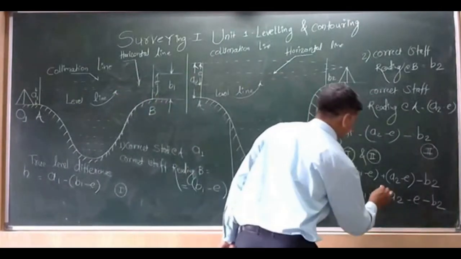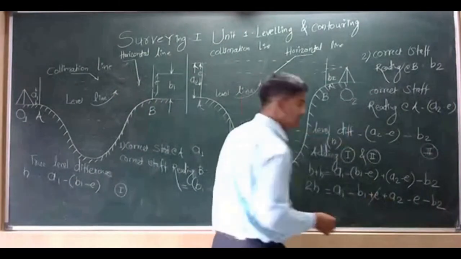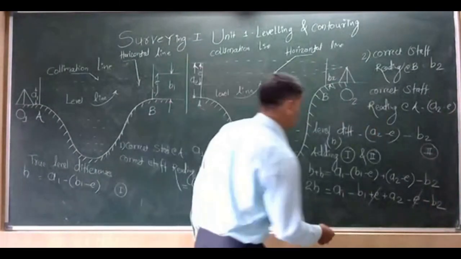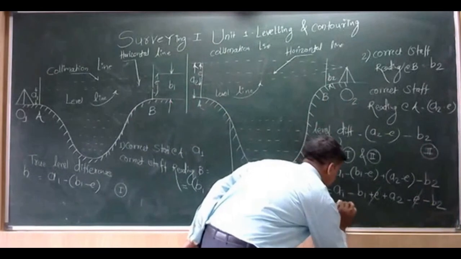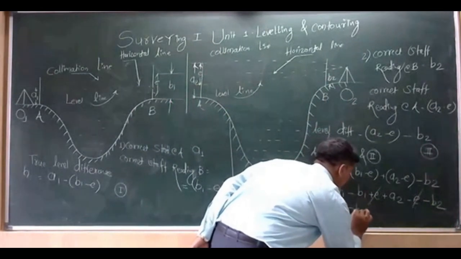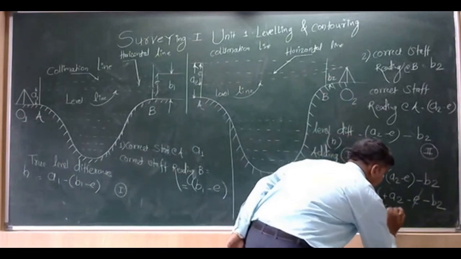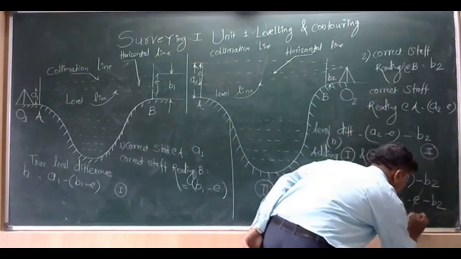So you can see that positive E and negative E will get cancelled. The remaining terms are A1 minus B1. So I will keep one bracket over here, and in the second bracket, A2 minus B2.